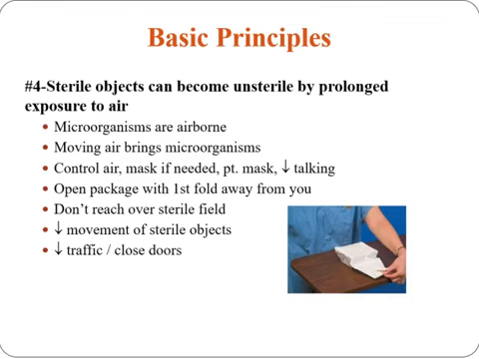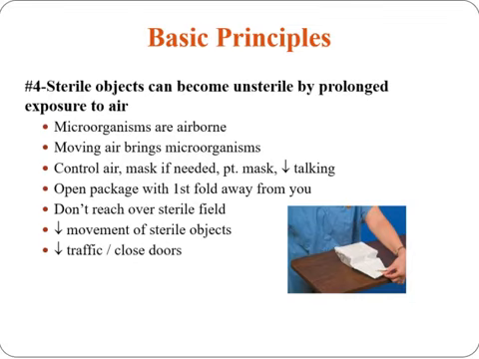The number 4 principle that we're going to talk about is that objects can become unsterile by being prolonged and being exposed to air. So if you think about how a lot of microorganisms travel, they are airborne, and having a sterile field out in the air, by very nature, there's microbes that are floating around, especially in the hospital.